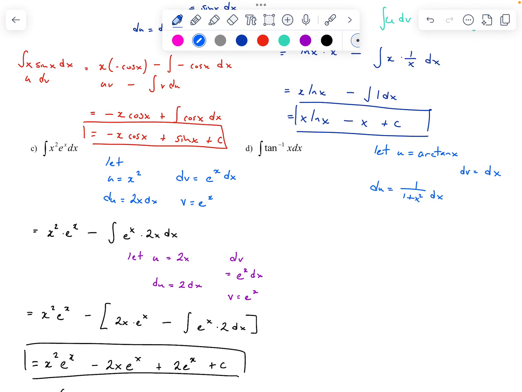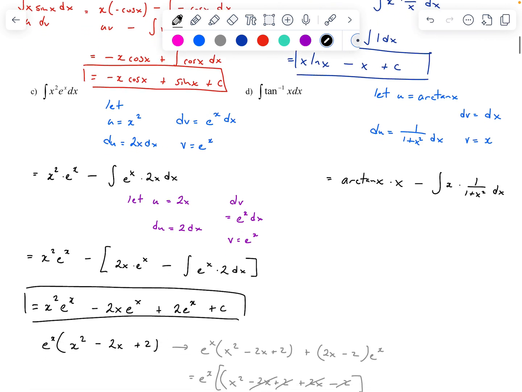And the integral of dx is just x. So the integral is equal to u times v minus the integral of v du. And you ask yourself, is this new integral easier than the integral I started with?